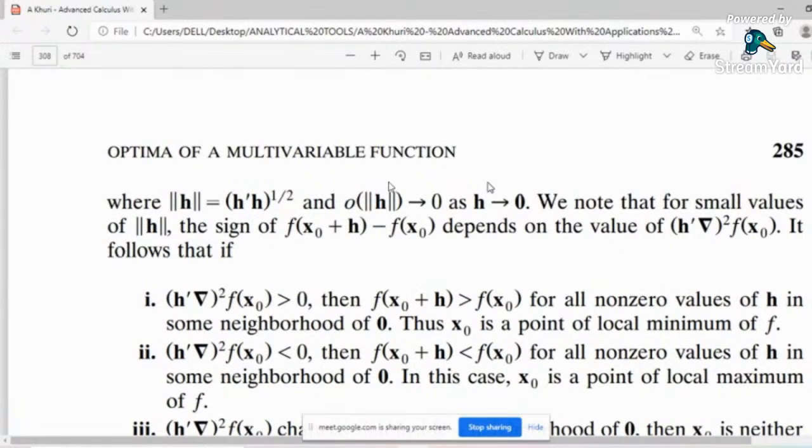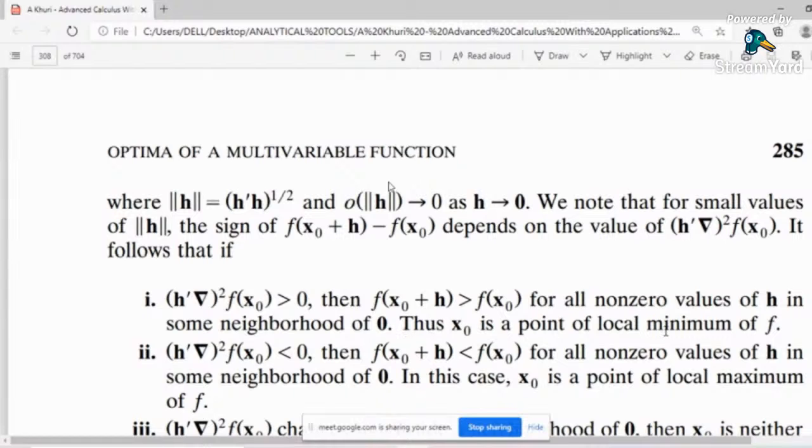So what happens? If the first term on the right hand side is positive, then f of x naught plus h minus f of x naught is greater than 0, or in other words, f of x naught plus h is greater than f of x naught for all non-zero values of h in the neighborhood of 0.